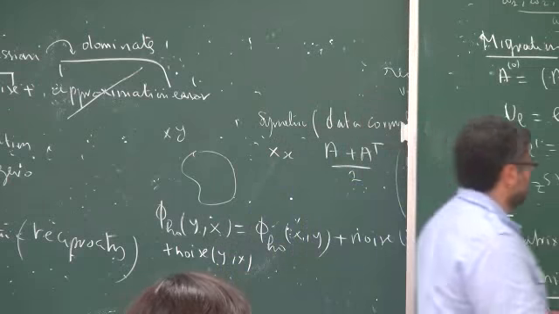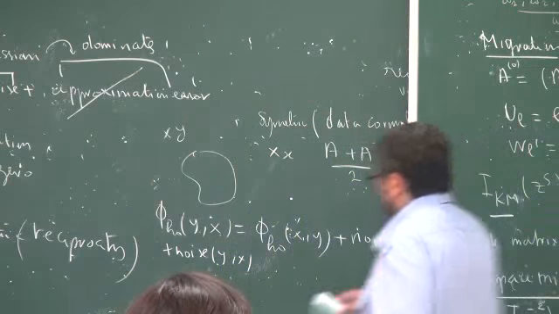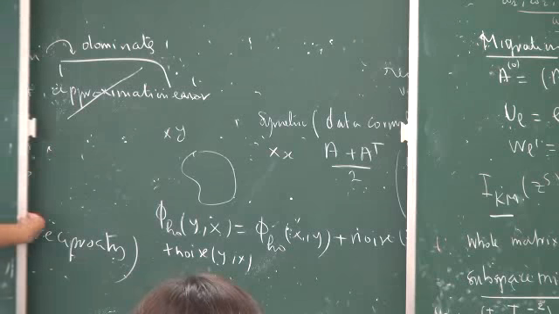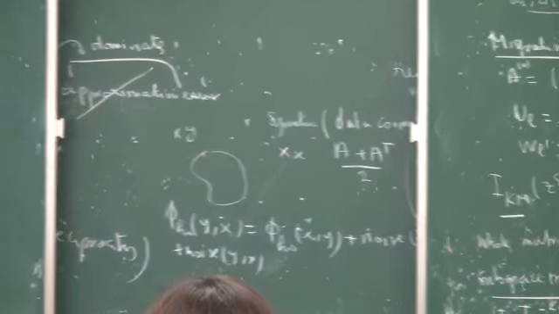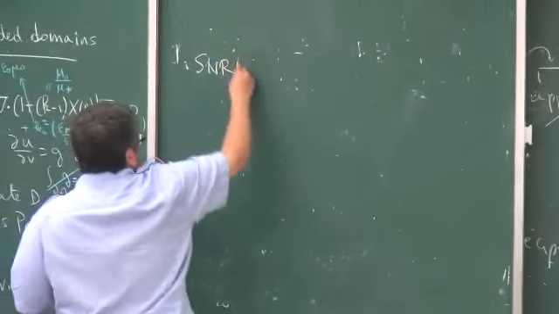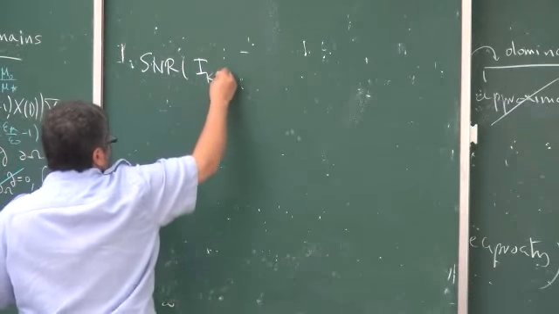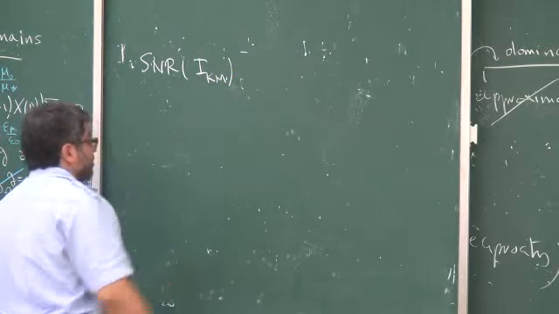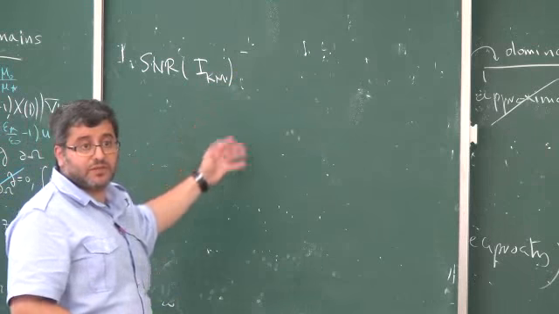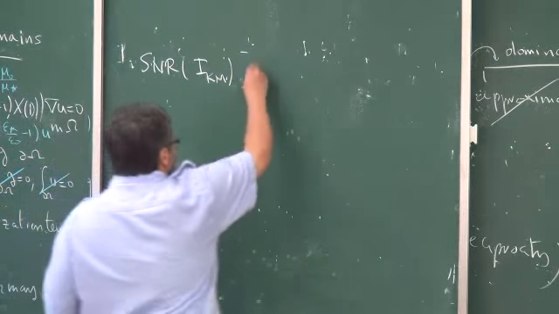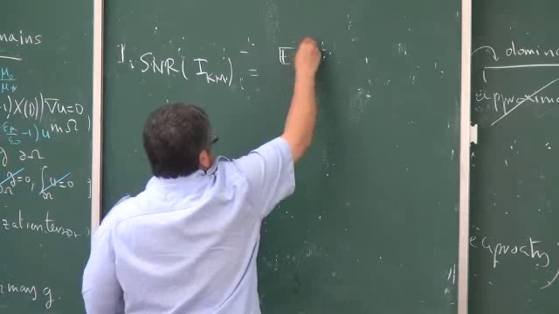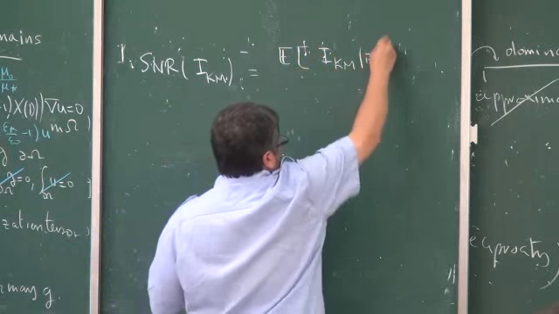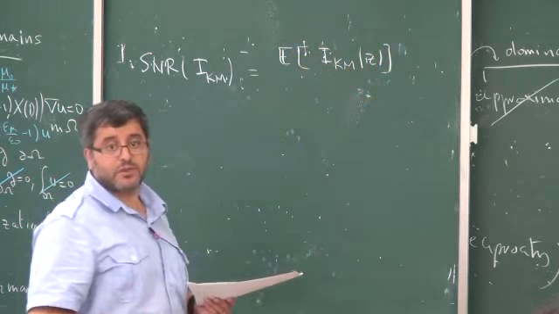So what's the signal to noise ratio? Let's compute it for EKM, Kirchhoff, or any of these imaging functions. Pick one of them. Signal to noise ratio is the expectation of the value of the function at the true location over the variance.